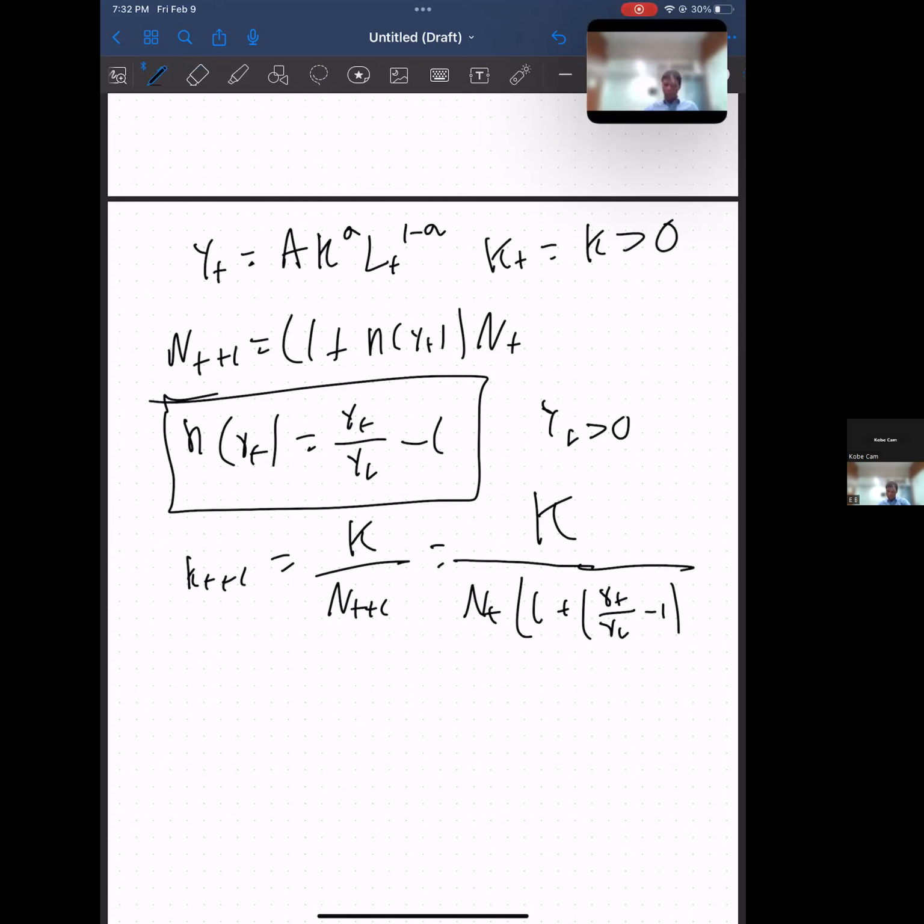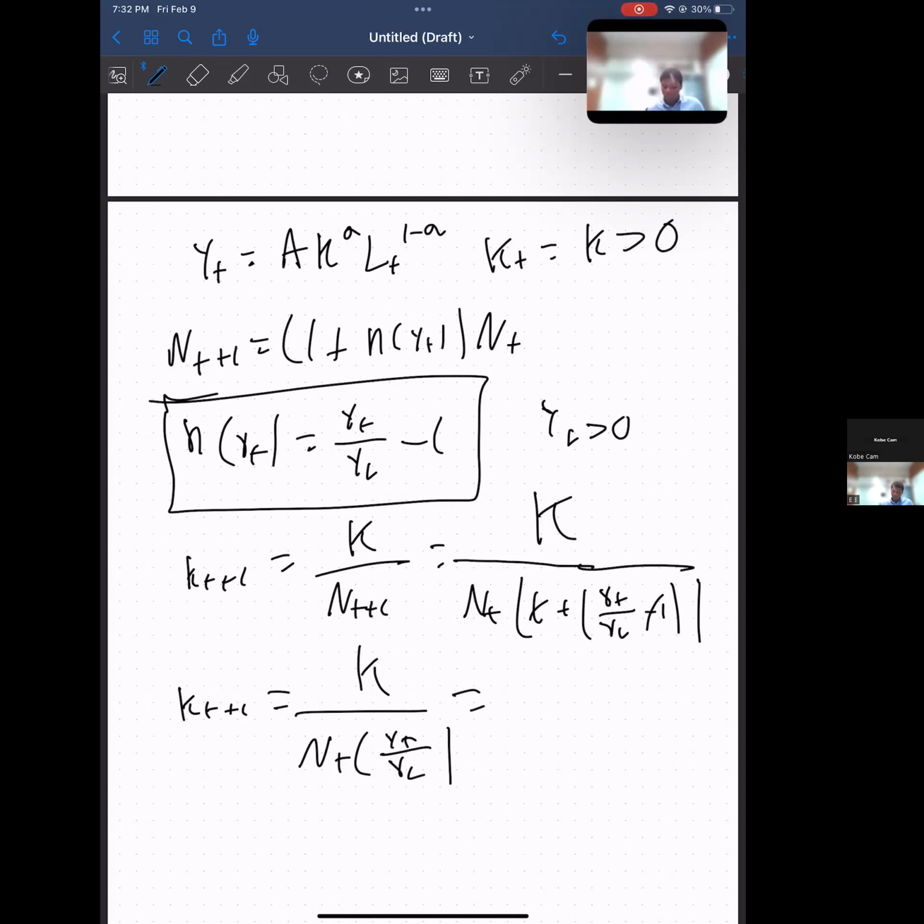Let's start simplifying. So 1 plus y_t divided by y_L. Okay, we have these ones that cross each other out. And so now we just have k_{t+1} is equal to big K divided by n_t, and this is y_t divided by y_L. Is there anything further we can simplify?